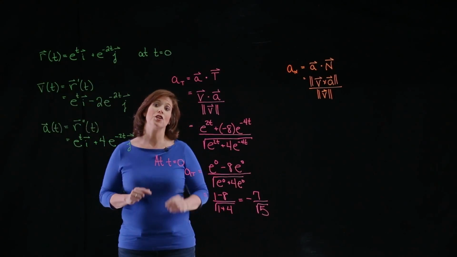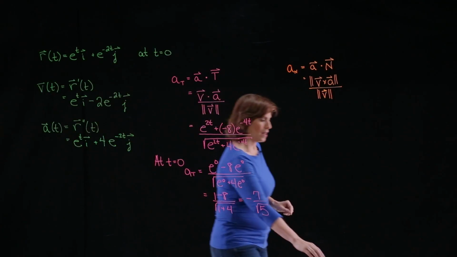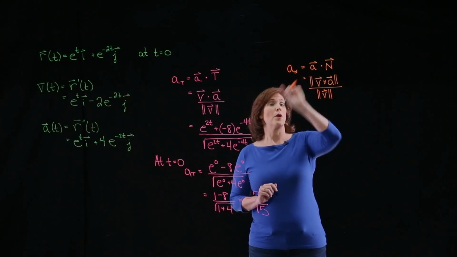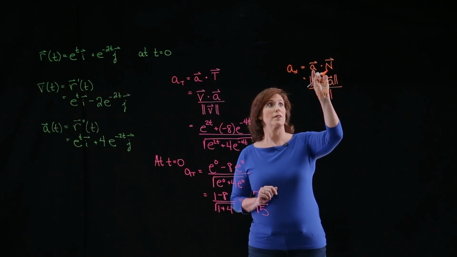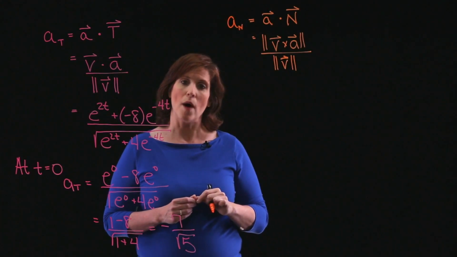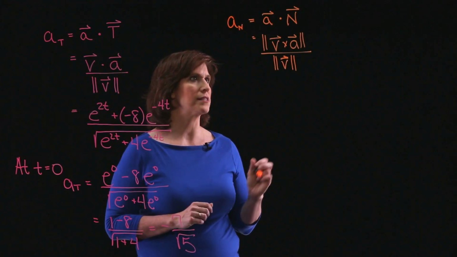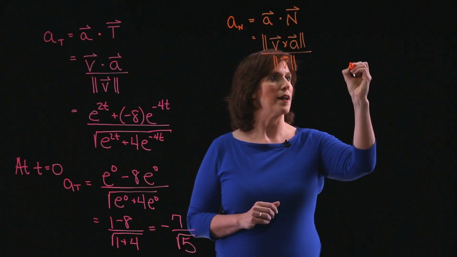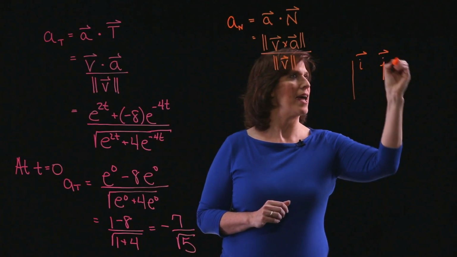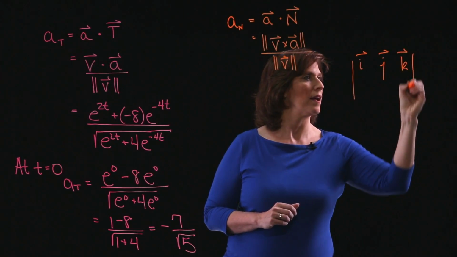Now we're ready to move on to the normal component. So for the normal component of acceleration, we're going to take the dot product of acceleration and the normal vector. All right, so the first thing I need to do is figure out what that cross product is. So let's do a little side work here. The cross product, if you remember, you'll have your i, j, and k.